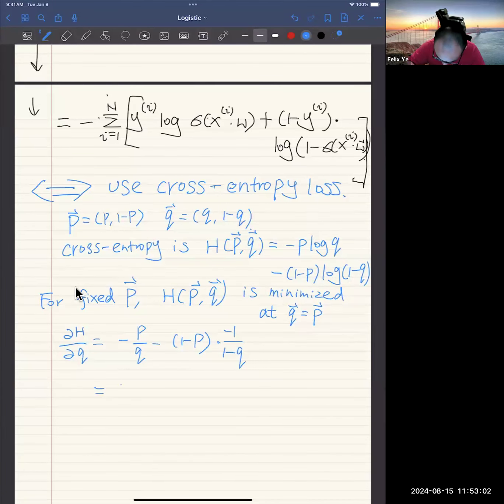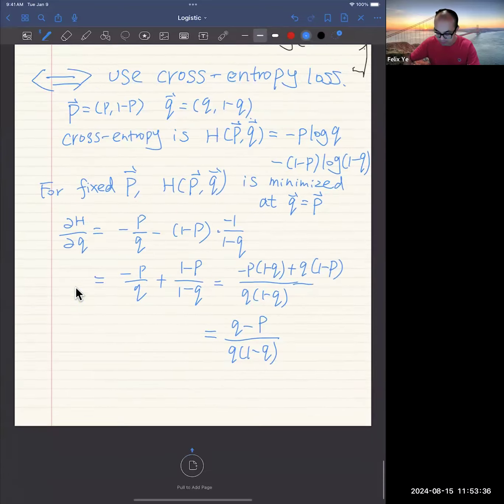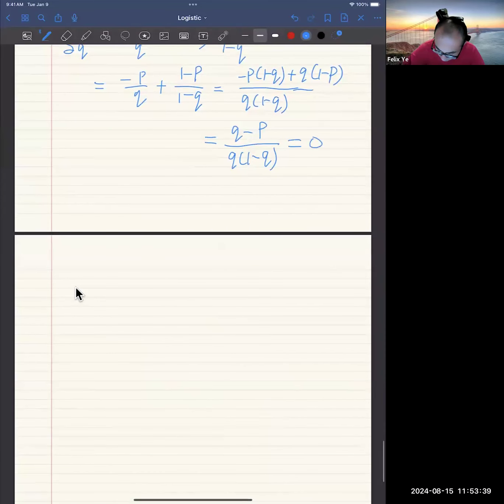So this becomes minus P over Q plus 1 minus P over 1 minus Q. We can combine these terms: minus P times 1 minus Q plus Q times 1 minus P. The cross term cancels out. This becomes Q minus P over Q times 1 minus Q. If we set this to 0, this gives P equal to Q.